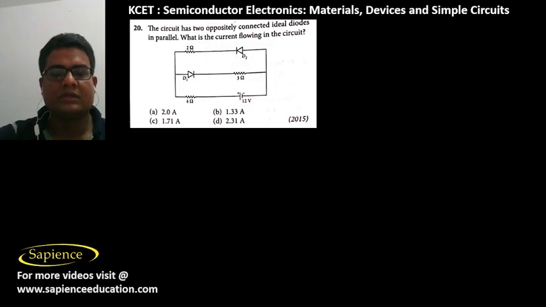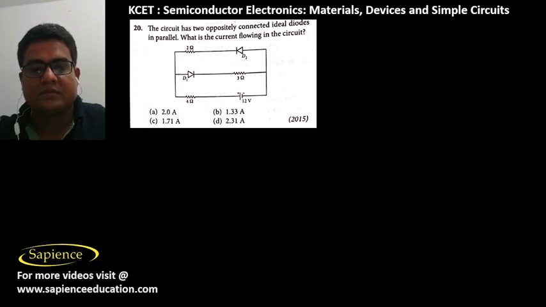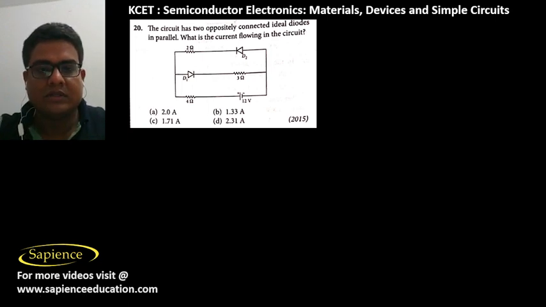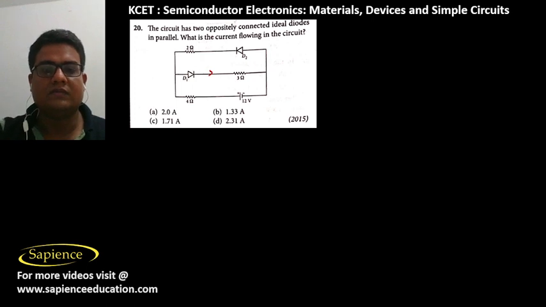Question number 20, it is told, the circuit has two oppositely connected ideal diodes in parallel. What is the current flowing in the circuit? Ideal diodes are connected in parallel. It means that in this region current will flow, but in this region it is reverse.